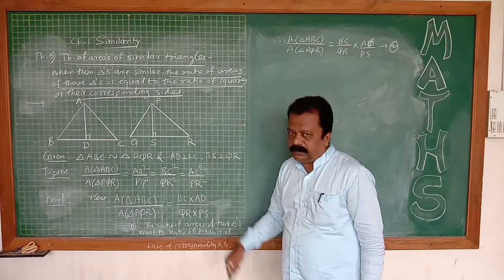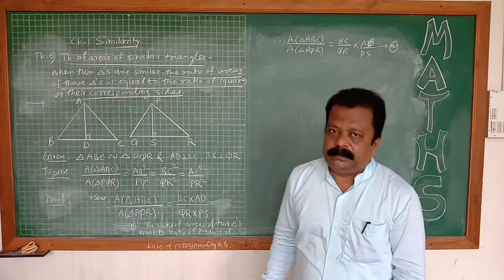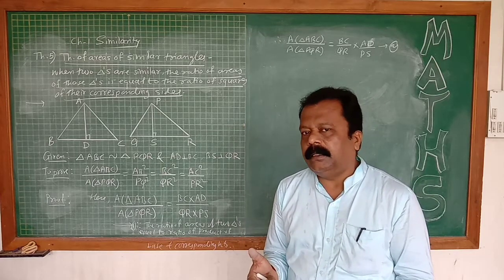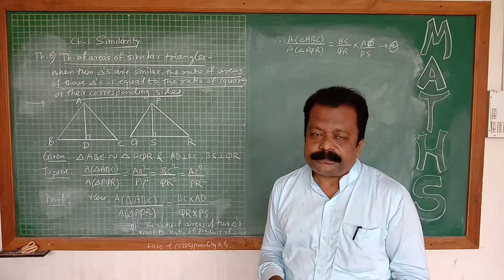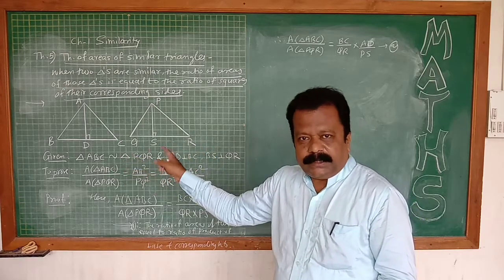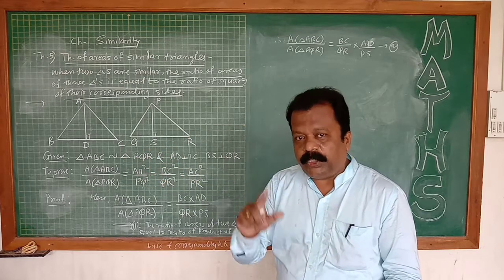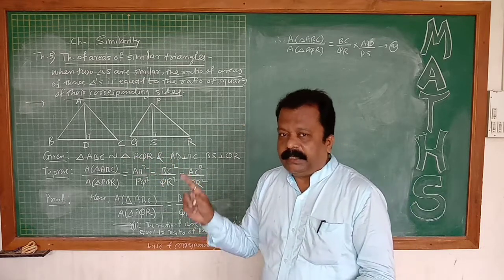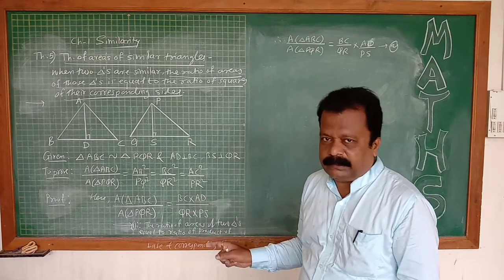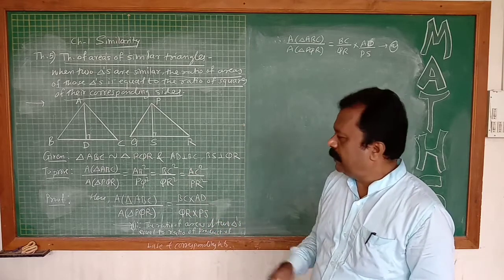Then recollect property number 1 you have learned. What is property number 1 about two triangles? If the corresponding bases and heights of two triangles are given, then the ratio of the areas of the two triangles is equal to the ratio of the products of their corresponding bases and heights. This is property number 1 that you have to use for this theorem.